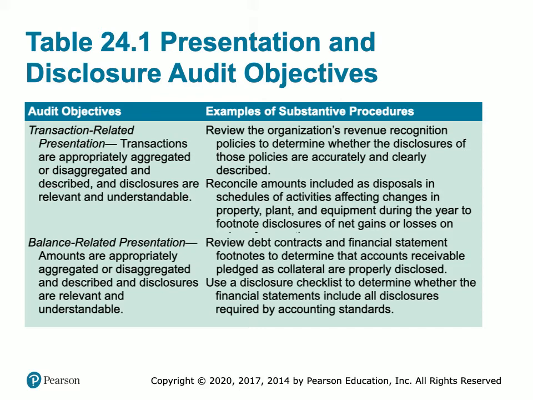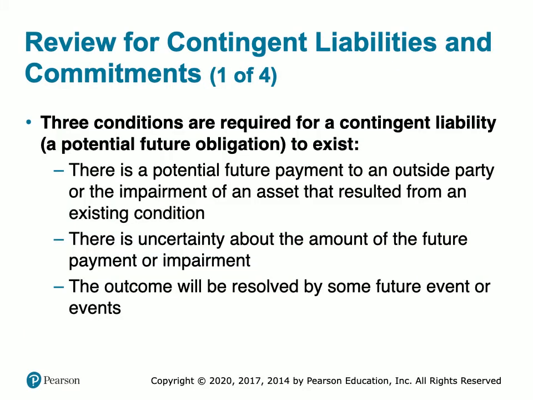And then balances. You want to be able to disclose components of inventory, components of fixed assets, the policies around those, etc. And then contingent liabilities, right? You want to understand whether there's a commitment to make a payment to a third party. Rent is one.